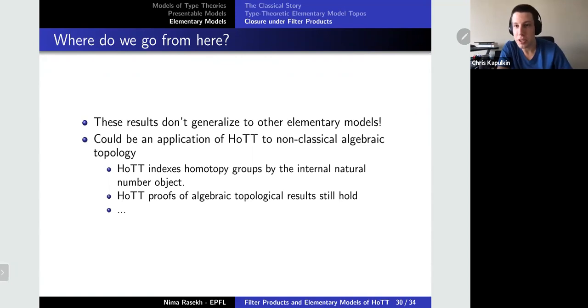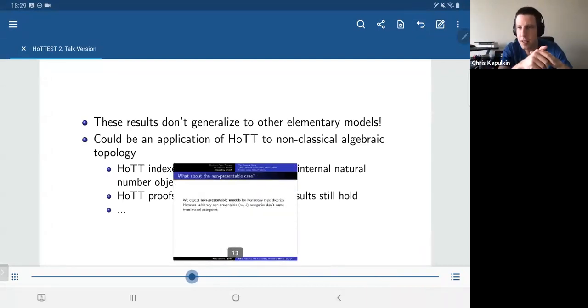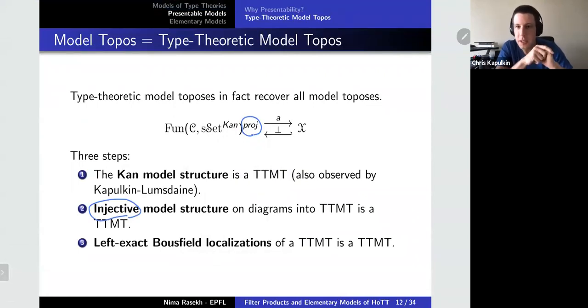Okay, so maybe I'll ask a question then. You mentioned the thing about switching between injective and projective model structures early on, right? And the result when you talk about presentability and Mike's result. So I guess the question is, why would there be an issue if you just wanted to stick to one? I see that you would need injective at some point. I know that you need injective to make the HoTT work.